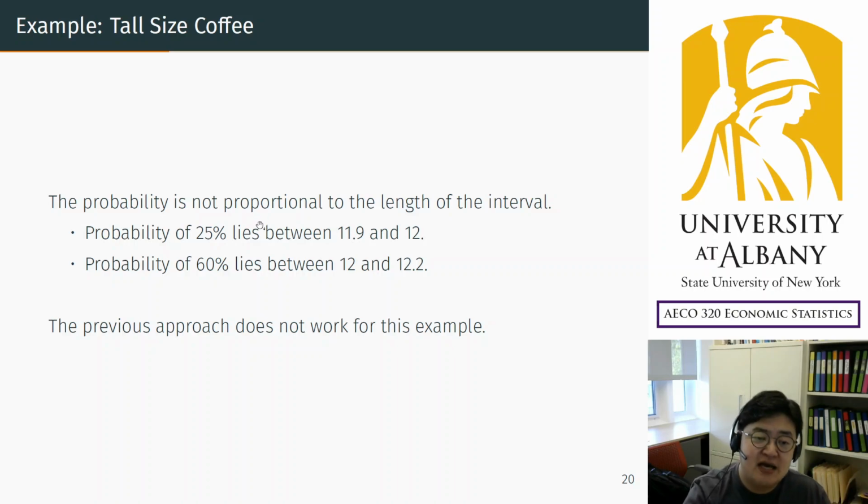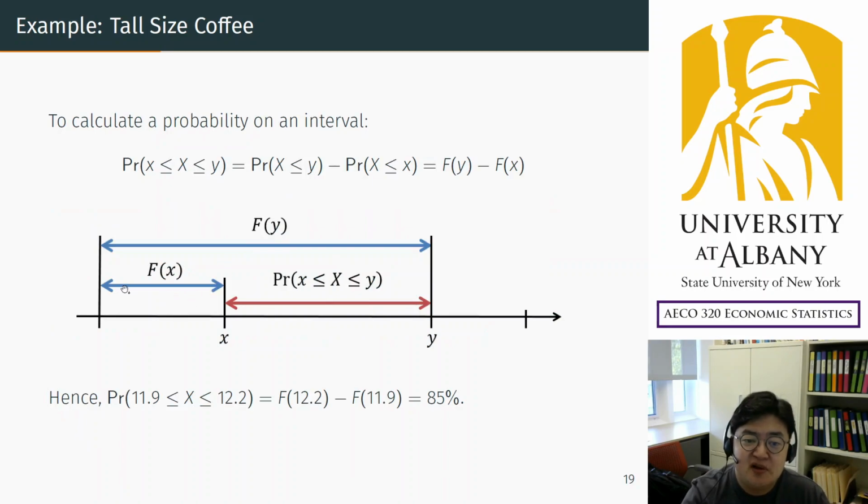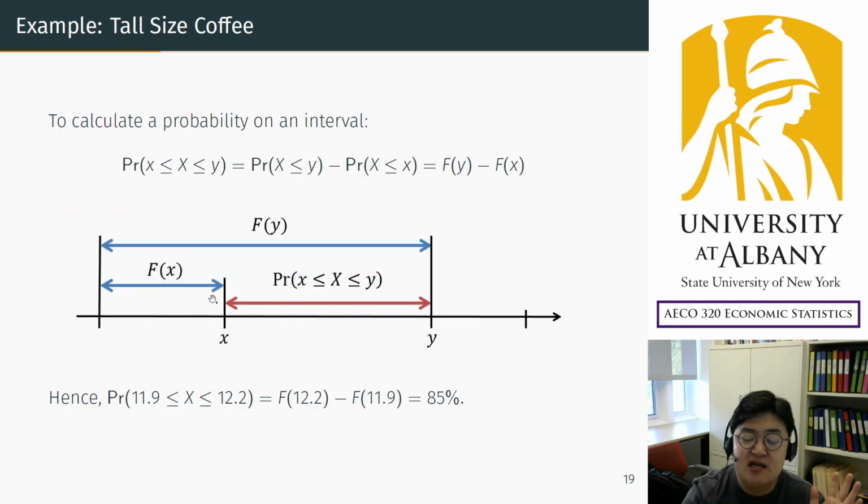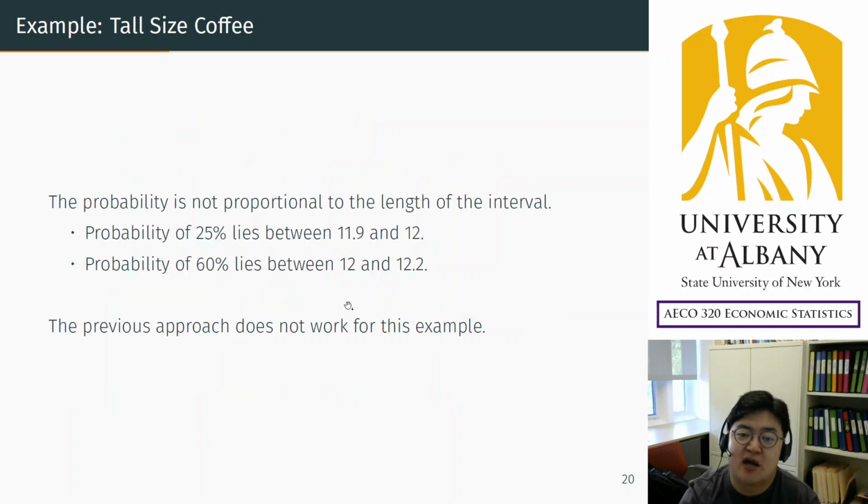Like I said, as if the probability is a length, so you can take the difference. This is not correct. This illustration, this diagram, is not exactly correct. It contains the intuition, but mathematically it is not exactly correct because probability is not proportional to the length anymore in our example.